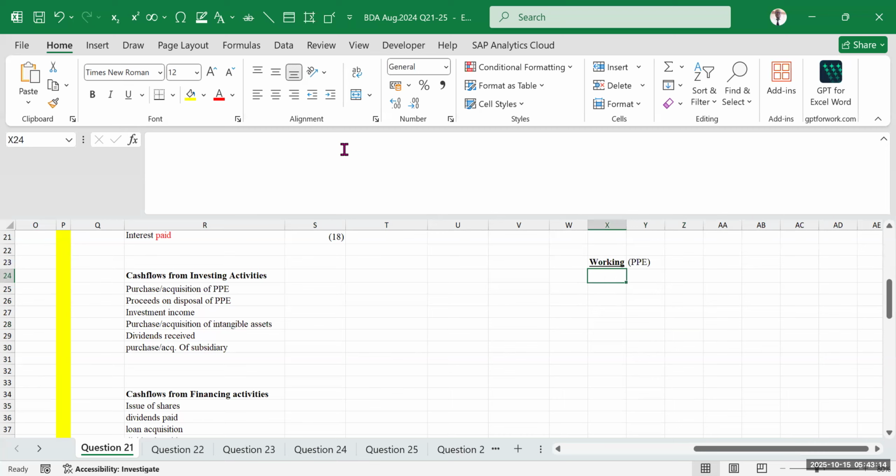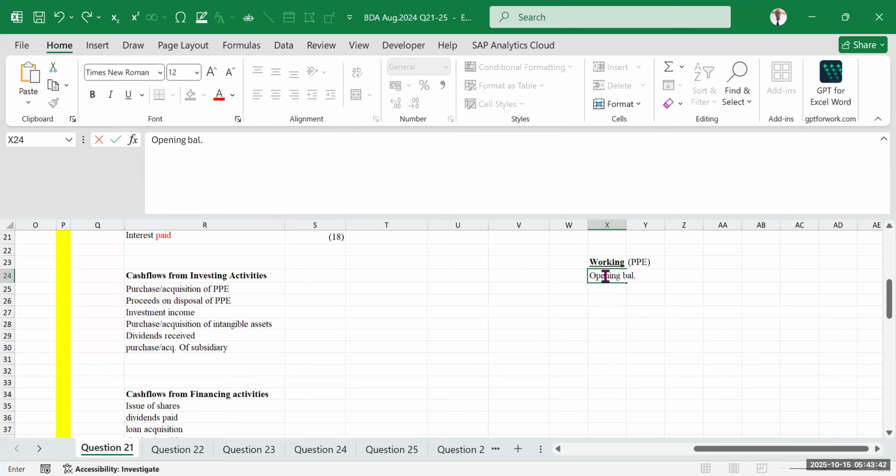You can opt to use the T account, but I will avoid the T accounts, because they might consume a lot of time. Now, PPE are assets, and to look at the movement in the assets account, we just follow the treatment of assets, which we already know. I want us to start with the opening balance. Opening balance is always on the debit side of the asset account.